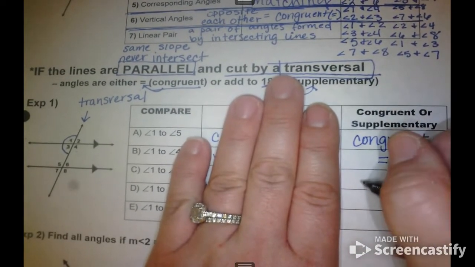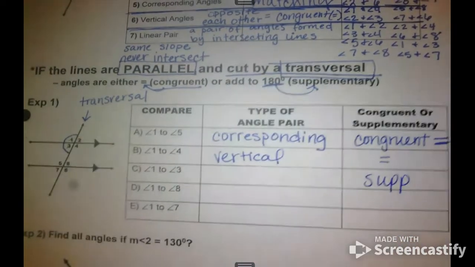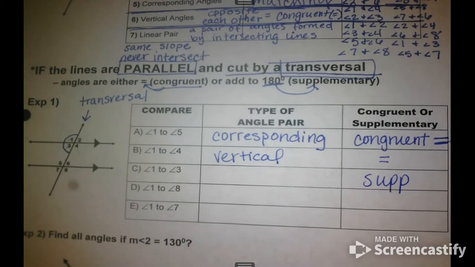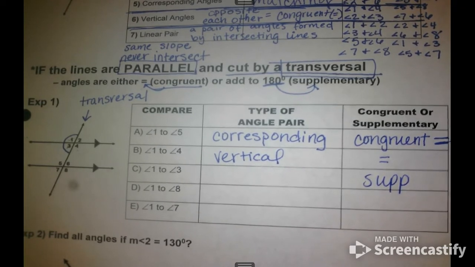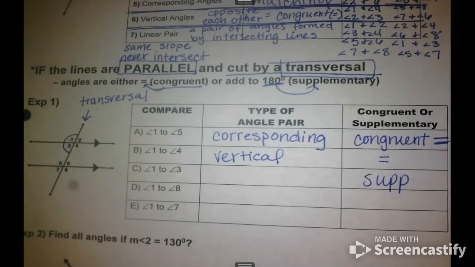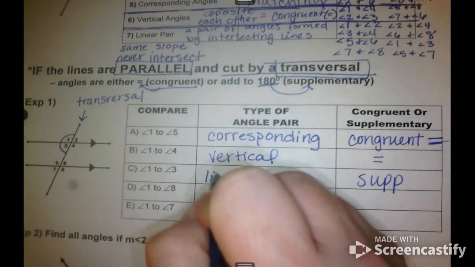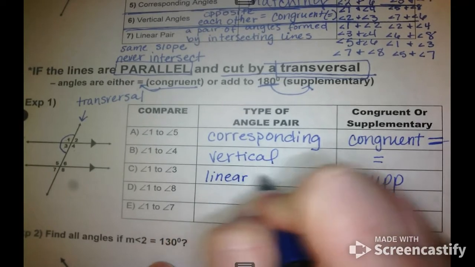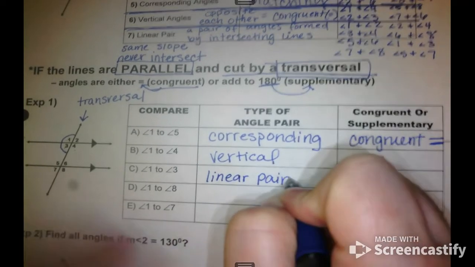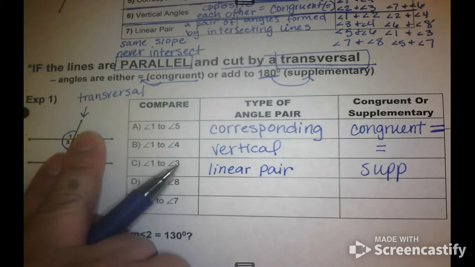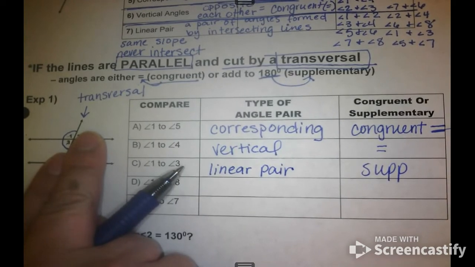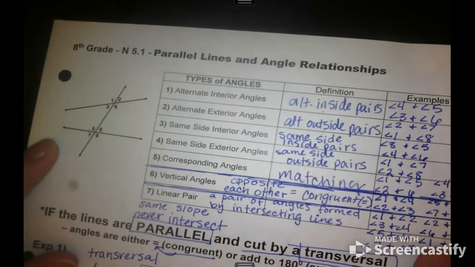Okay, so yes, that is supplementary. Okay, type of angle pair, they are what? Linear. Yeah, linear pair, right? I mean, they are on a line and they are paired, correct? Yes.